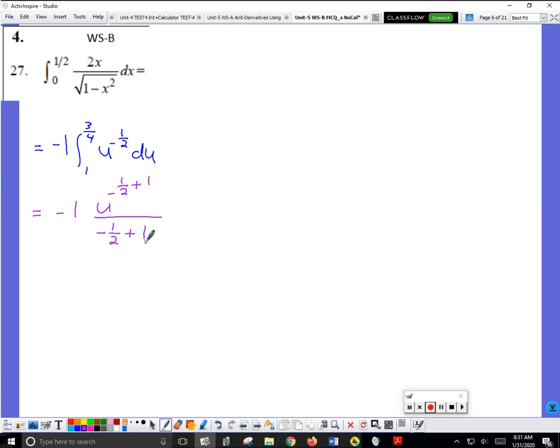Okay, points for the whole room. If I were to put the x back in, we have the substitution u equals 1 minus x squared. If I were to plug that back in for u, please raise your hand if you can tell me how this function would be related to, not the integral, just this?